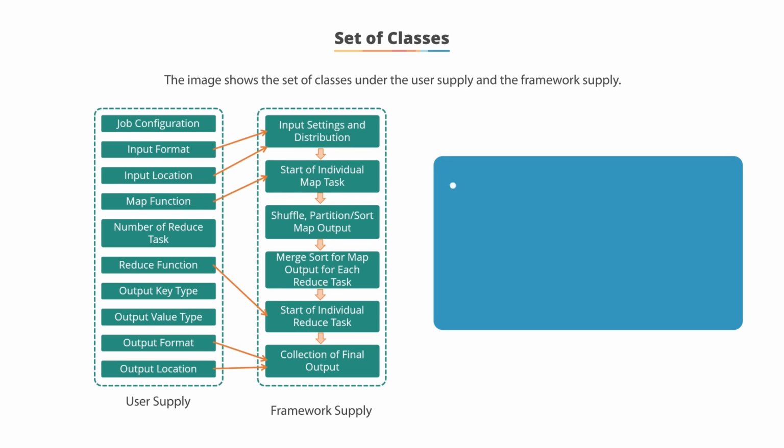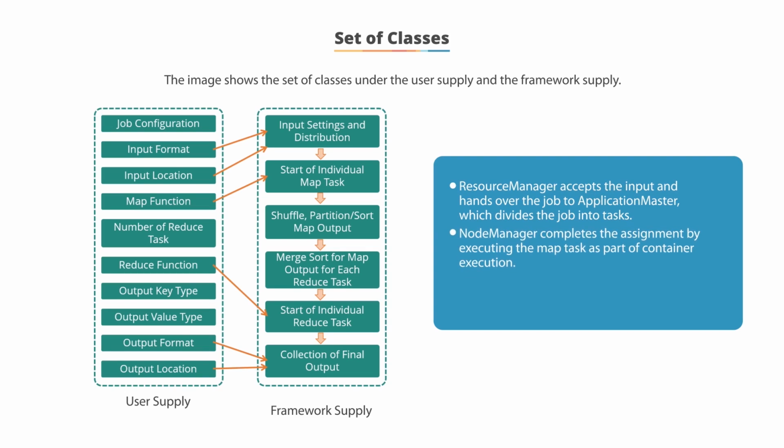Once the resource manager accepts the input, a specific job is divided into tasks by the application master. Each task is then assigned to an individual node manager. Once the assignment is complete, the node manager will start the map task. It performs shuffling, partitioning, and sorting for individual map outputs.